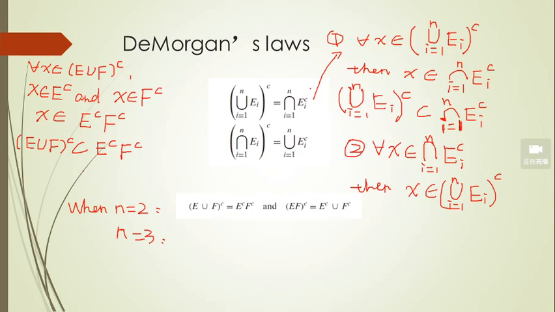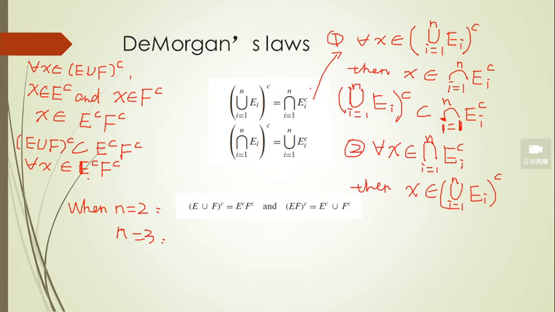Then how can we do the other part? We choose any x contained in the right side. Okay, this is the right side event.